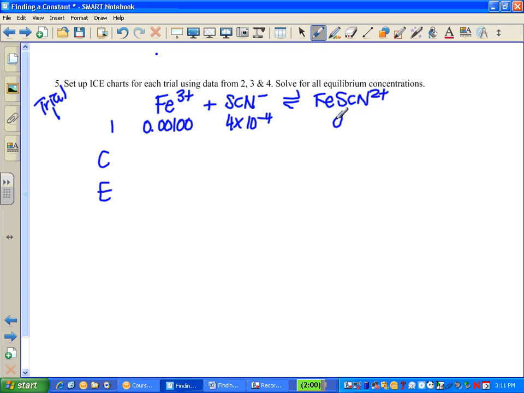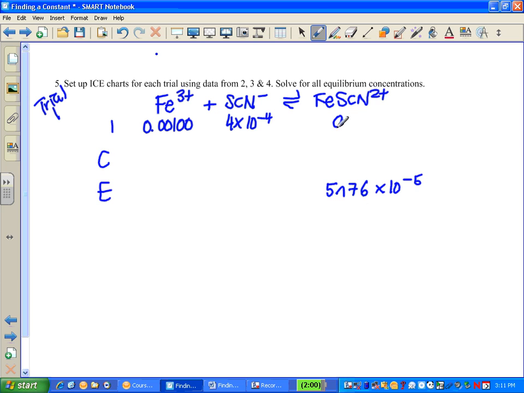Now, in previous question 4 you determined the equilibrium concentration for this red ion. And that's really the most critical part of being able to find the equilibrium constant. We allowed this system to reach equilibrium, so that's the concentration of that ion at equilibrium, and the E in this little chart stands for equilibrium.